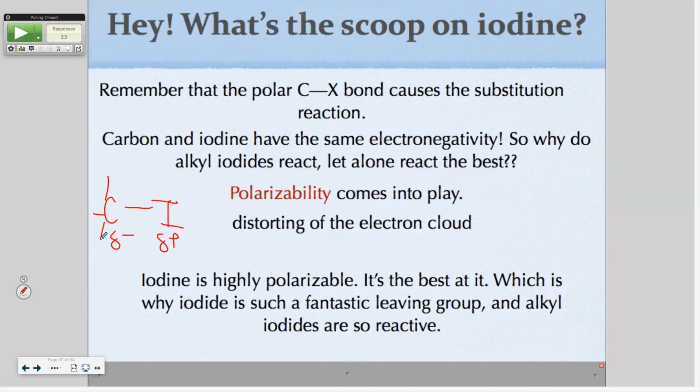So why does this even work? It works because the iodine is big. It's got how many electrons around it to begin with? 53. Chlorine only has 17. We have 53, and when we leave, we're going to have 2 more. So we have a huge electron cloud.